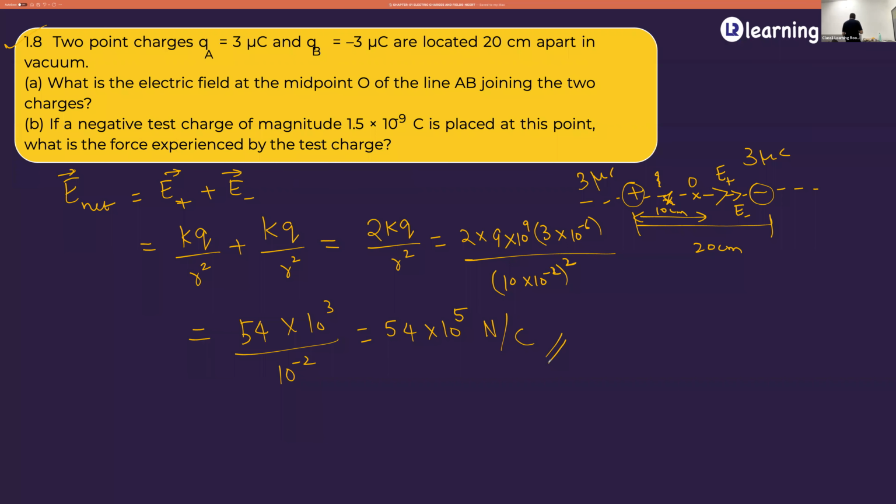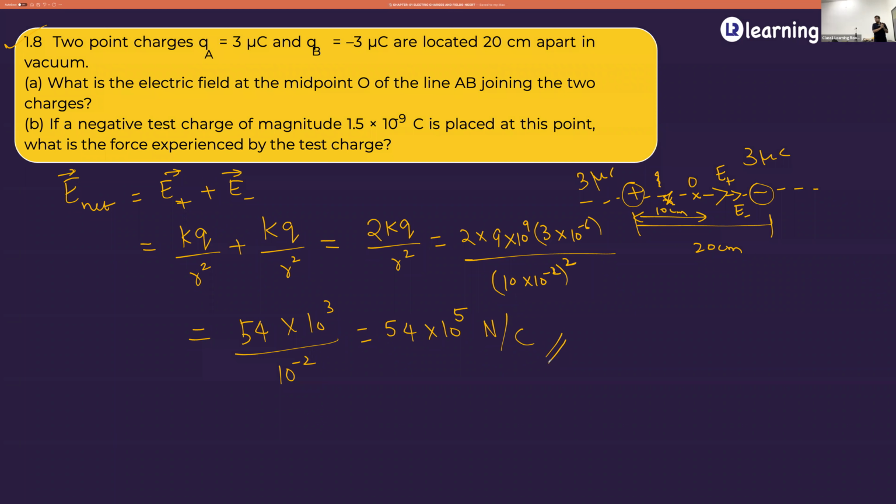Did we check at the back? Just have a bookmark there. So it is the 8th problem, 1.8. Correct, no? 54 into 10 power 5 Newton per coulomb. Did they give us a Newton per coulomb or volt per meter? Newton per coulomb. Okay. So that is another unit.